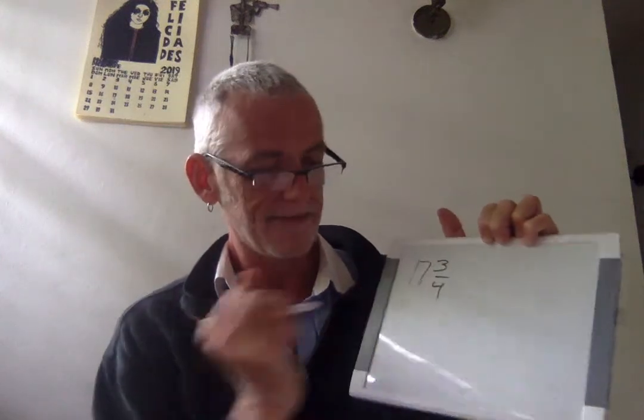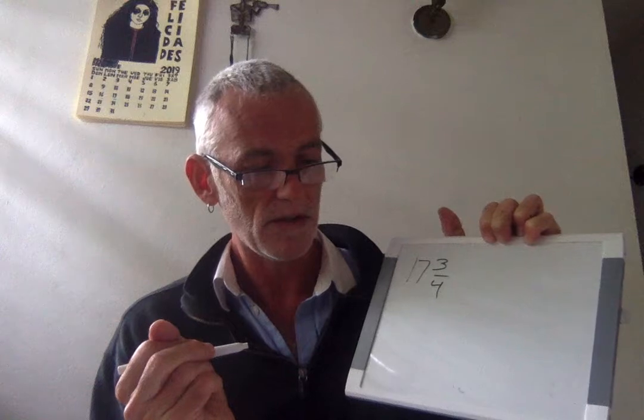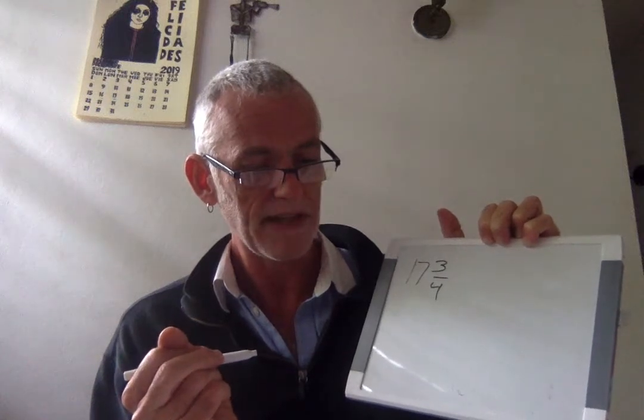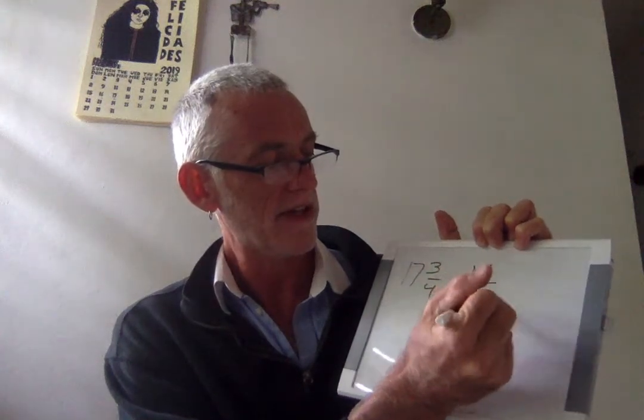Okay, so this one, how much do we have at the beginning? She's got a 17 3/4 ounce bag. She will use 1 1/4 ounces for baking the cake. So we're going to get rid of that. We're going to subtract 1 1/4 ounces.